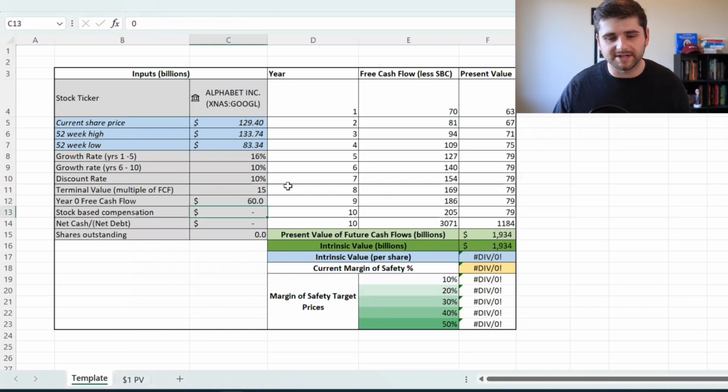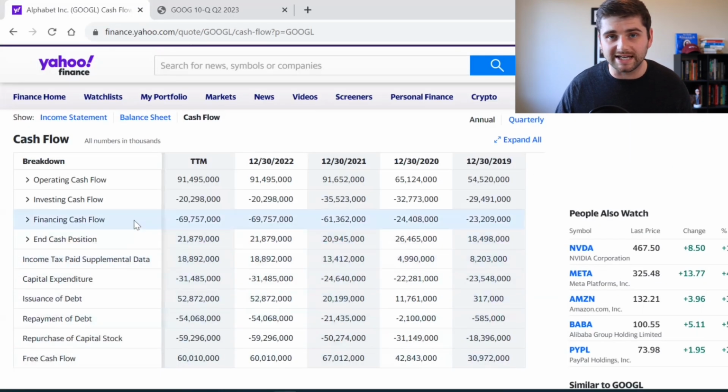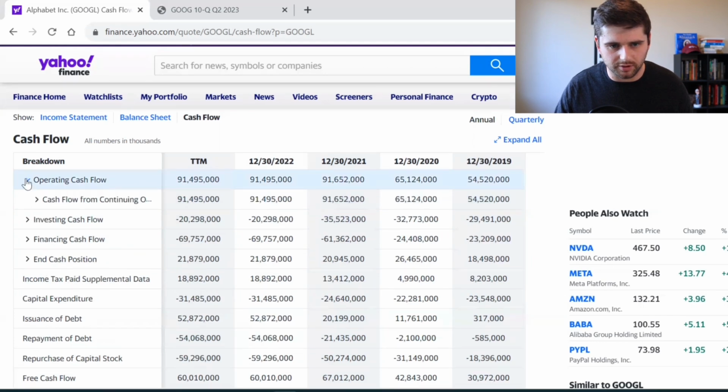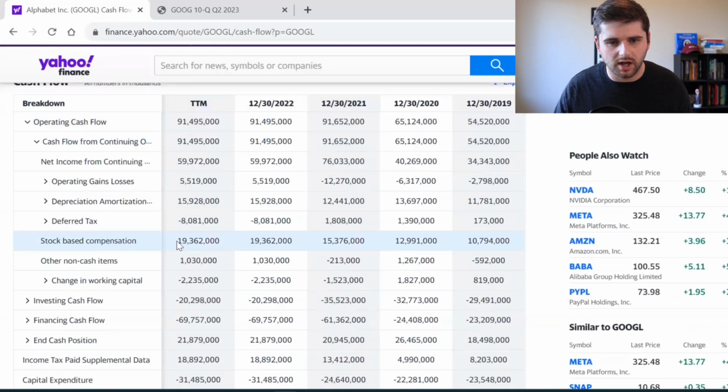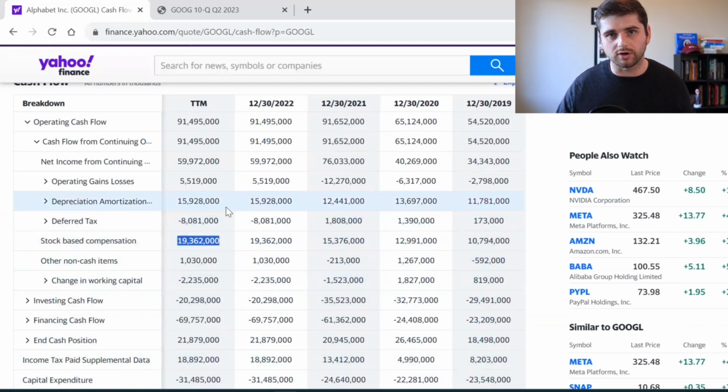Next up, we've got stock-based compensation. If I go back to Yahoo Finance, that is again going to be part of the cash flow statement here. If I break out operating cash flow and then our next section here, I will see a stock-based compensation expense of 19.362 billion. Now, stock-based compensation is not a cost that's captured in our free cash flow number, but it is a very real expense for shareholders.